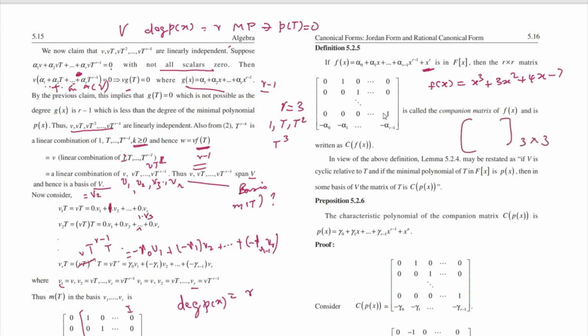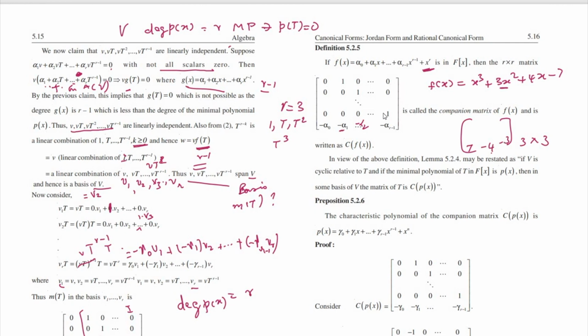It is 3 cross 3, and here the constant term should be written first with negative sign. So already here you have negative sign, so it will be 7. And next is the coefficient of the x term, so it is minus 4, because you have 4 here but we need to have minus sign. And the next one is 3x square, so here minus alpha 2, that in this case is minus 3.